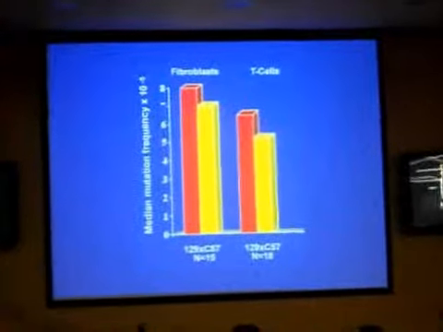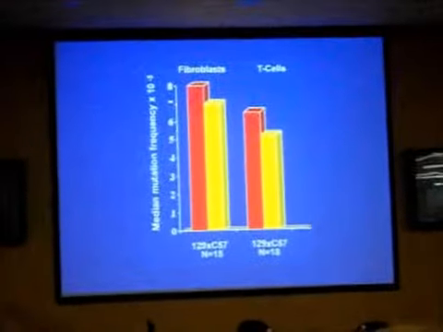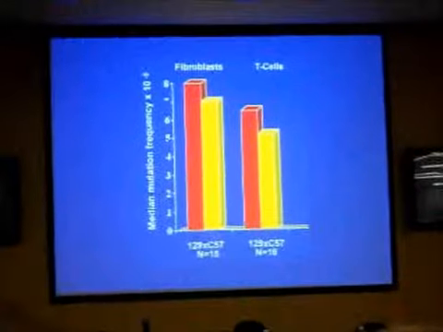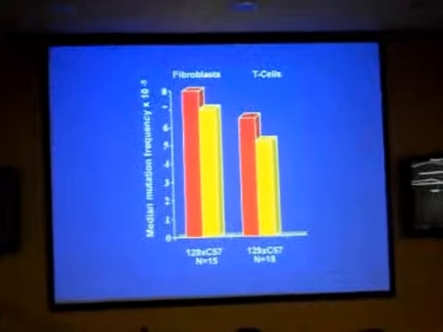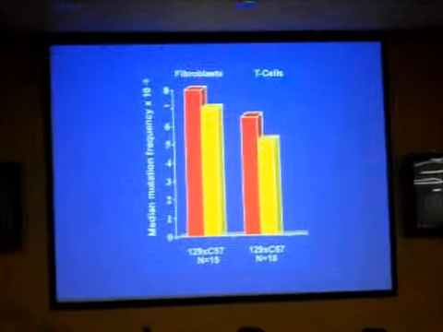And as you can see in fibroblasts, about 80% of the events, of these mutagenic events, loss of APRT activity in this case, is due to recombination.